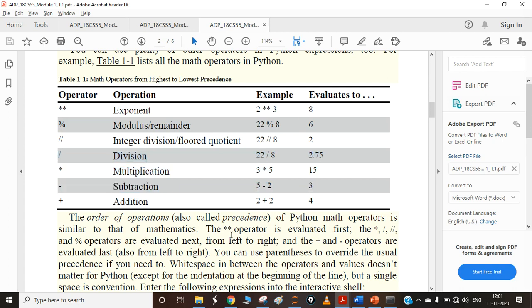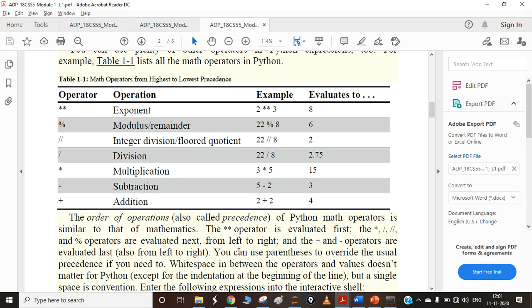So the exponent operator is evaluated first, then star, division, floor division, and modulus operators are going to evaluate next. And these are going to evaluate from left to right. And plus and minus operators are evaluated last because they are having least precedence.